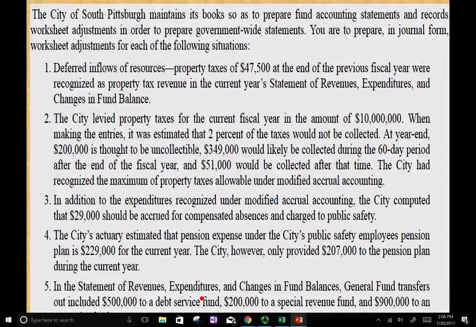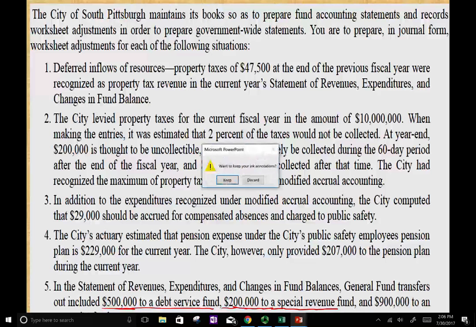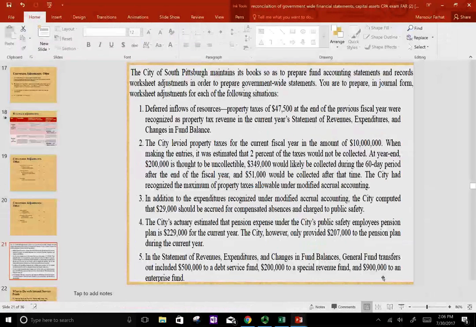In the statement of revenues, expenditures, and changes in fund balance, general fund transfers out included $500,000 to the debt service fund, $200,000 to a special revenue fund, and $900,000 to an enterprise fund.